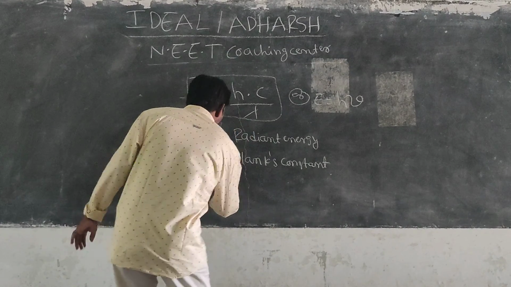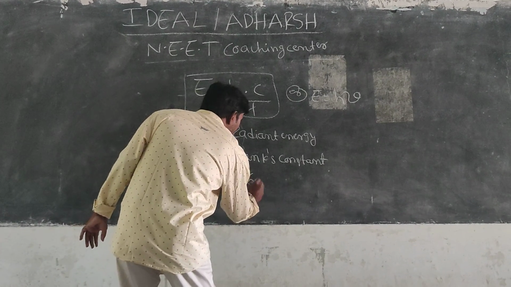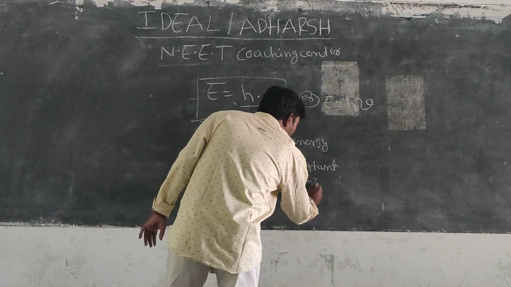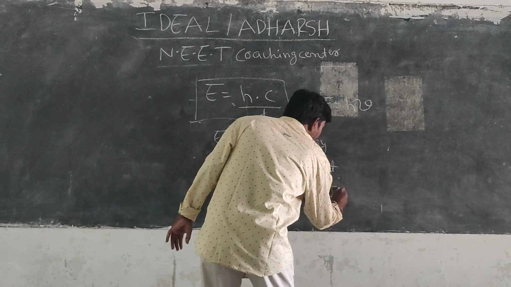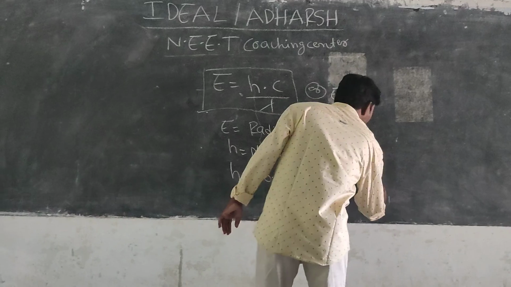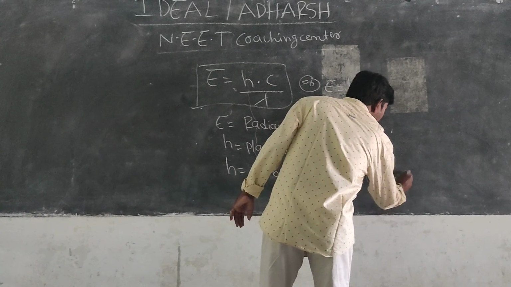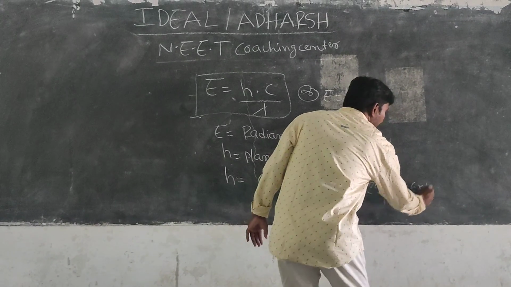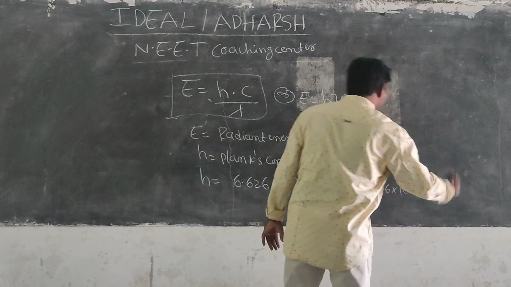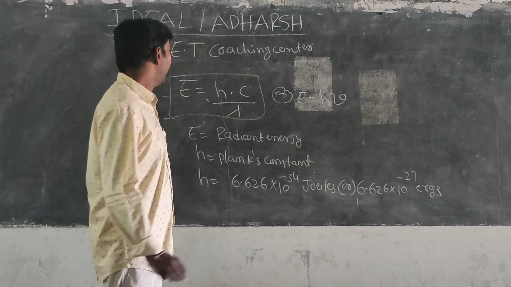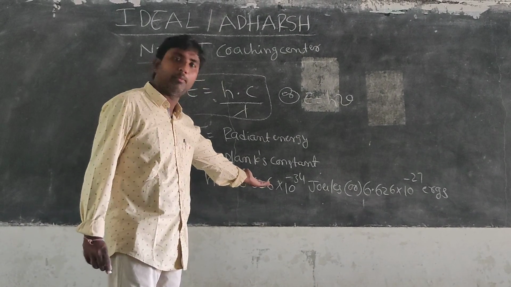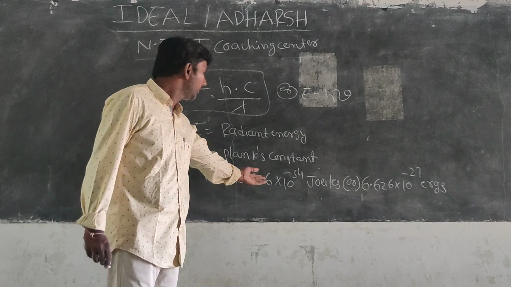Okay, the value h equal to 6.626 into 10 power minus 34 joules, or 6.626 into 10 power minus 27 ergs. Approximately, you can take 6.625 also, no problem while doing sums.